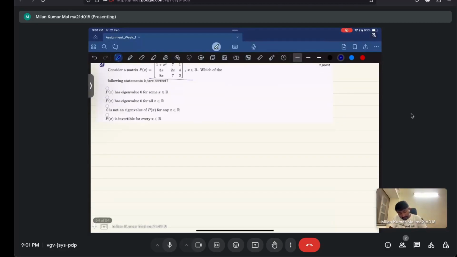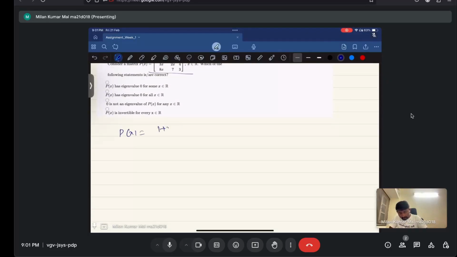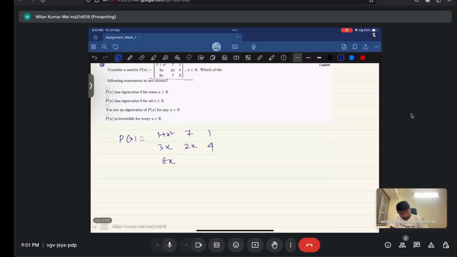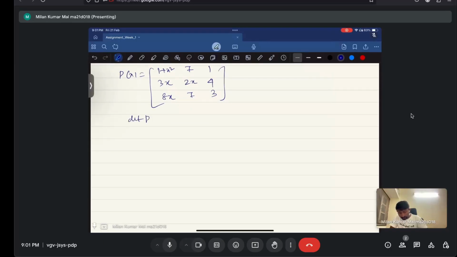Let's take P(x) equal to the matrix with rows (1 + x square, 7, 1), (3x, 2x, 4), (8x, 7, 3). Therefore determinant of P(x) is equal to 1 plus x square times 6x minus 28, minus 7 times 21x minus 16x square, plus 21x minus 16x square. I think I have made a mistake. There is the problem. So this will be 9x minus 32x.